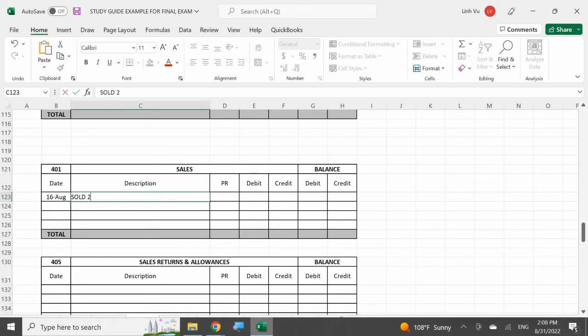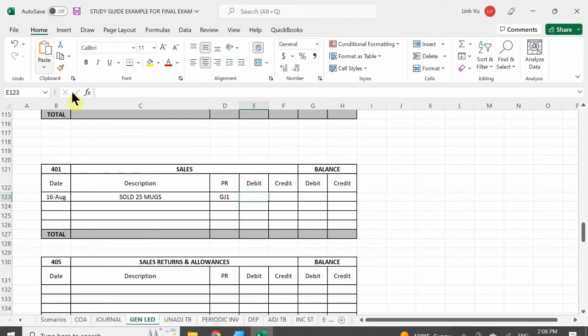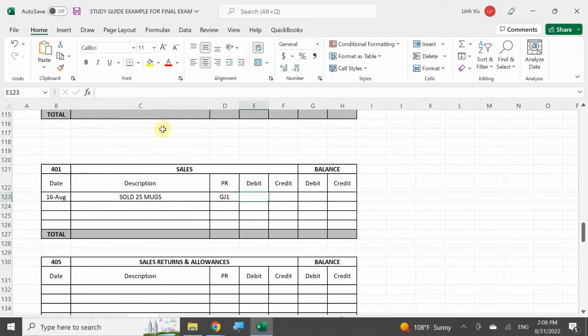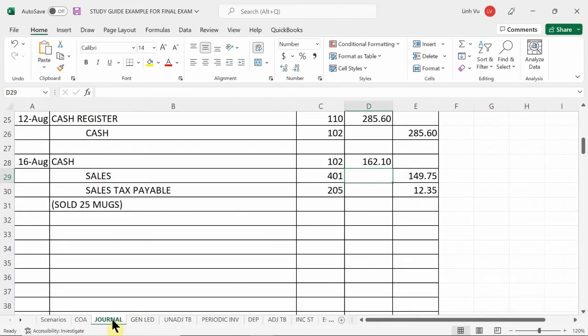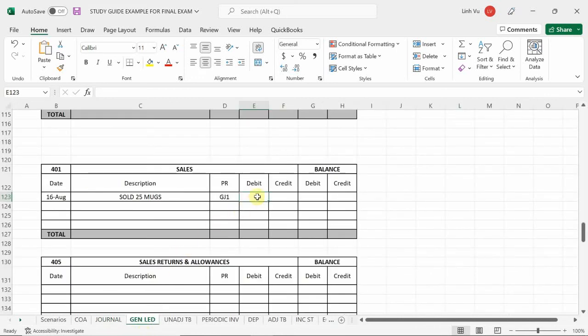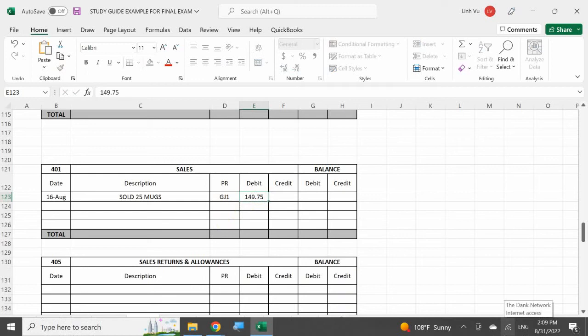Sold 25 mugs for $149.75, credit 149.75.